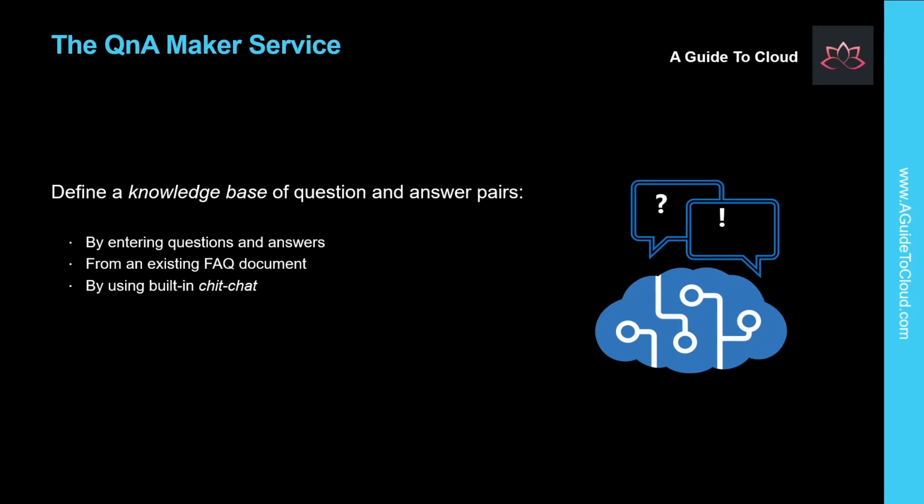You can also augment your questions and answers with built-in chit-chat sources that include common conversational exchanges as well. After creating the knowledge base, you train a model based on the question and answer data and publish it as a service. Client applications and bots can then consume the knowledge base and use it to determine the appropriate response to user inputs.